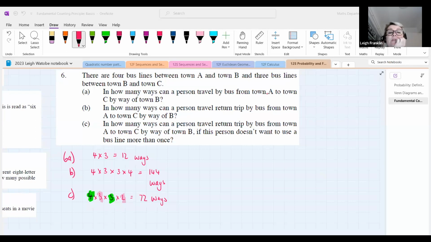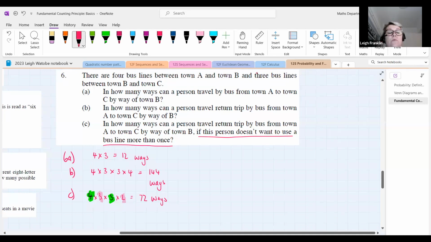Because it says here, if the person doesn't want to use a bus line more than once. So one of the bus lines that you used to go from A to B, when you go from B to A, you are not allowed to use. Does that make sense?